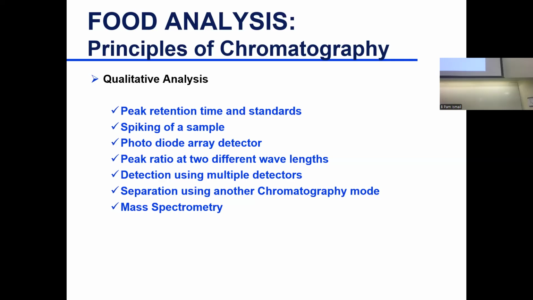Whereas a regular UV detector will just give you absorption at one wavelength. If you're lucky, you have a good detector, it gives you absorption at 2 wavelengths.